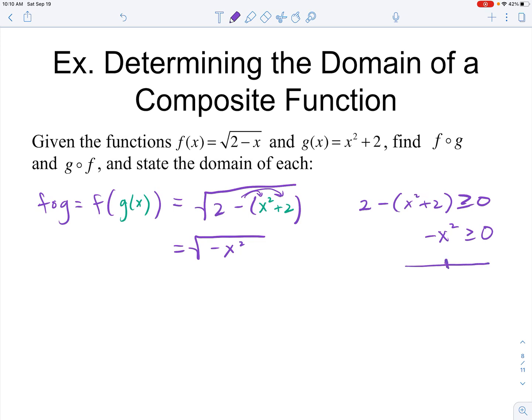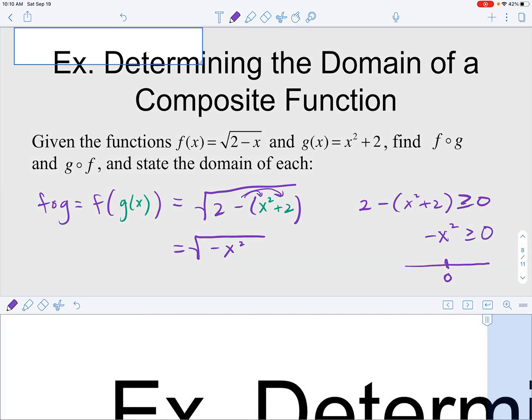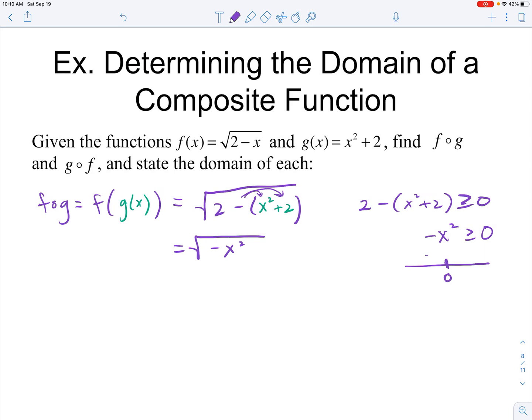The only value that would make the left-hand side there equal to 0 would be 0. And negative x squared is a parabola that opens down. So we'll go from negative and then hit the x-axis and then go back to negative. So actually the only x value that would make negative x squared greater than or equal to 0 a true statement would be 0.